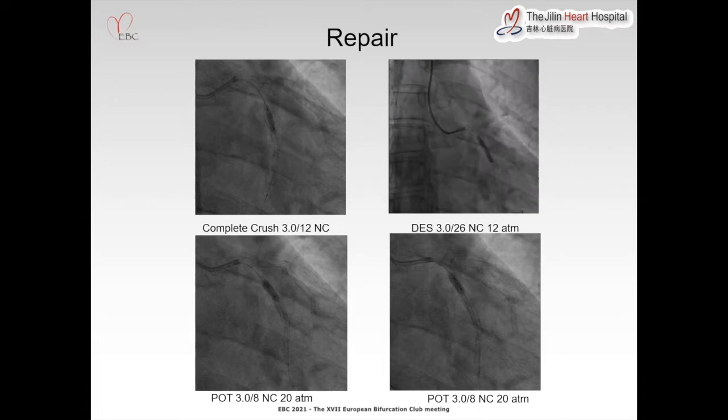The so-called repair of the operator was done dilating extensively and crushing completely the malapposed stent, and then implanting another stent on the main branch.